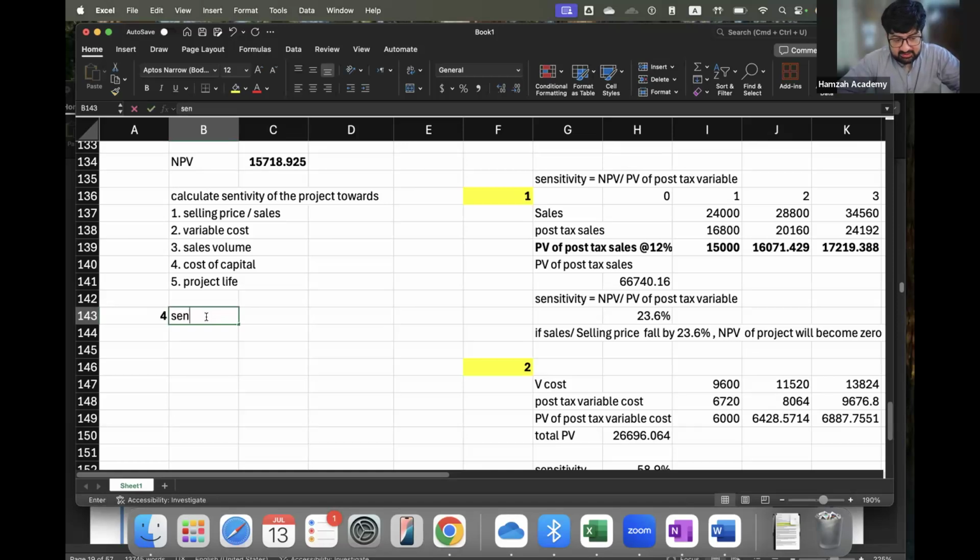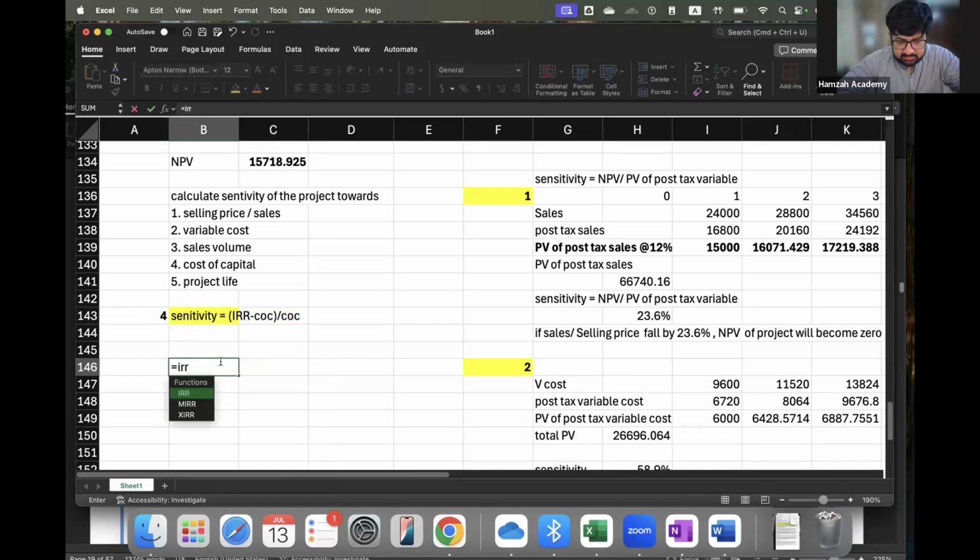So sensitivity equals IRR minus cost of capital. This is the increase. And what is the percentage increase to the current cost of capital? Just see here.